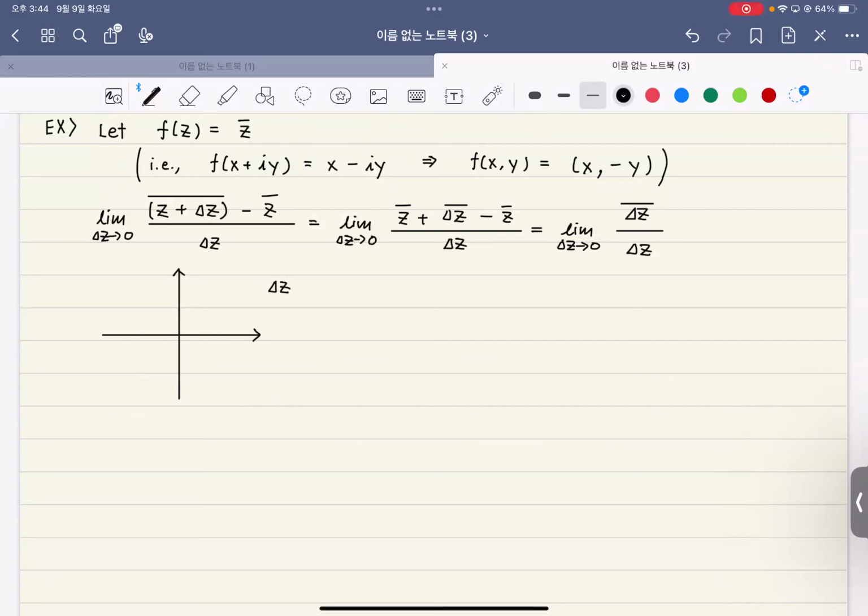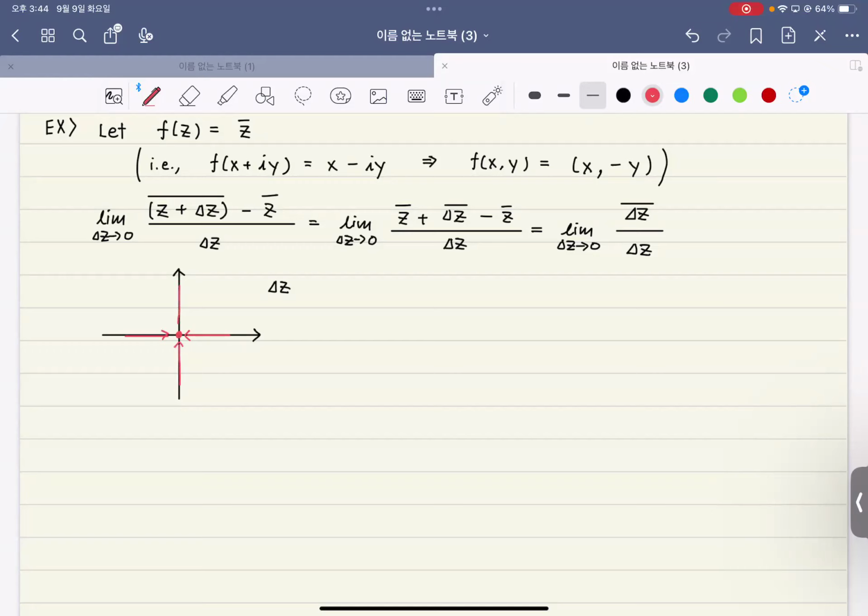This is my plane of delta z, and my delta z is tending to the origin, which is this point. Therefore, I'm going to choose two different routes tending to the origin. The first route, number one, is the horizontal route going along with the x-axis or the real axis.